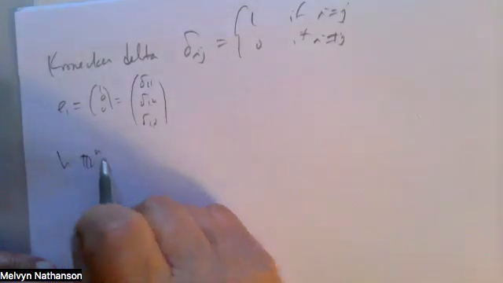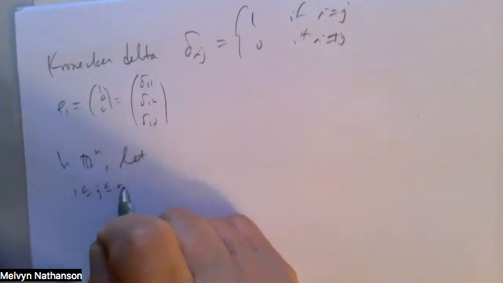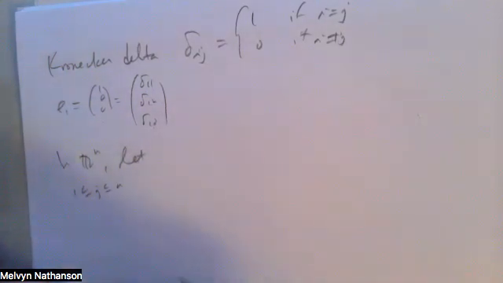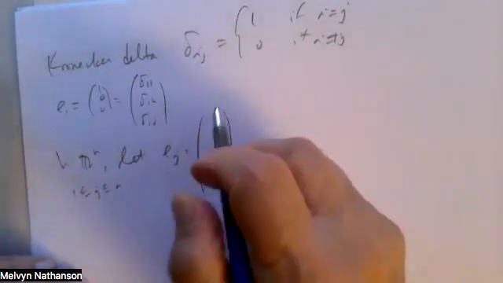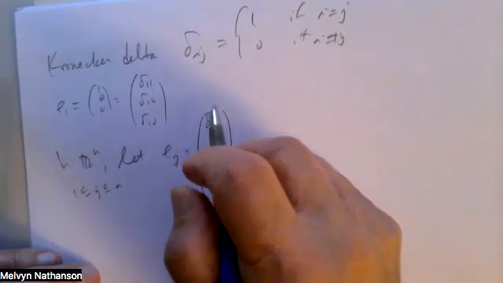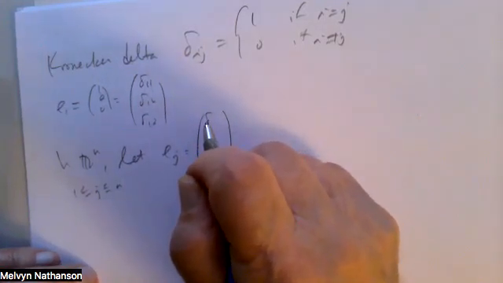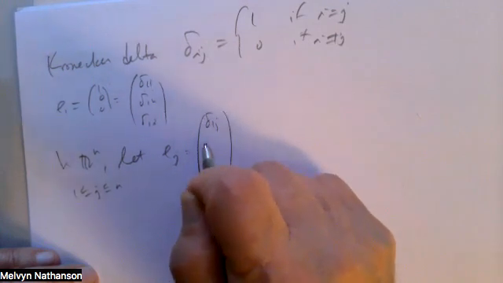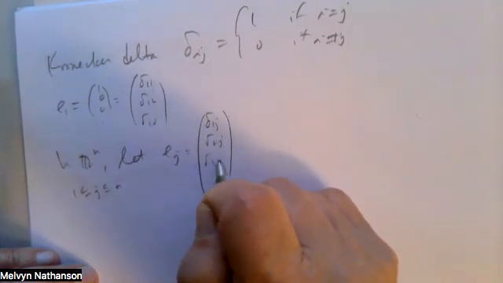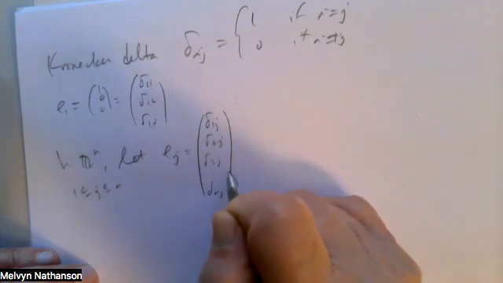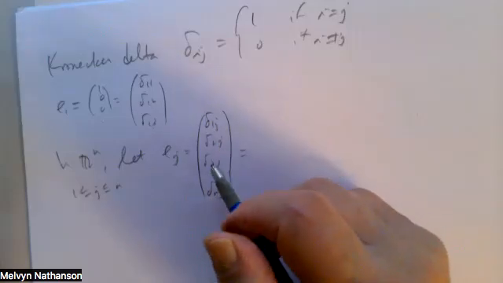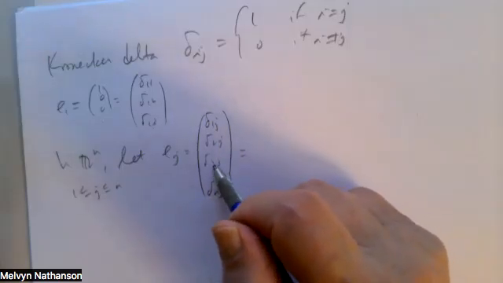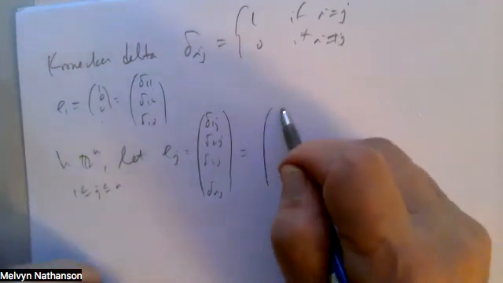And in Rn, for 1 less than or equal to j less than or equal to n, let E sub j be the n-dimensional column vector (delta 1j, delta 2j, delta 3j, down to delta nj). This is the Kronecker delta. It's only equal to 1 when i equals j.